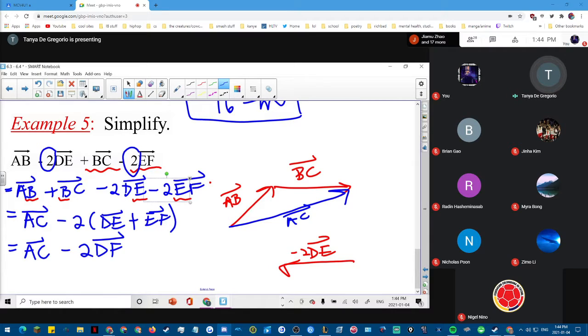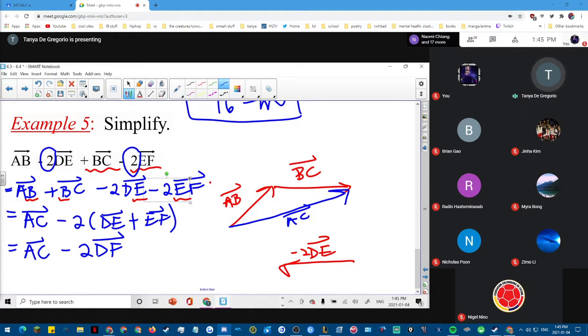And that's another important thing too, right? We're always adding. So notice here it's DE plus EF, okay, to give us this. So if I had, for example, DE minus FE, I could then change it to DE plus EF, right? And we are going to manipulate vectors in that way. Okay? And you always, always, always have to have addition.